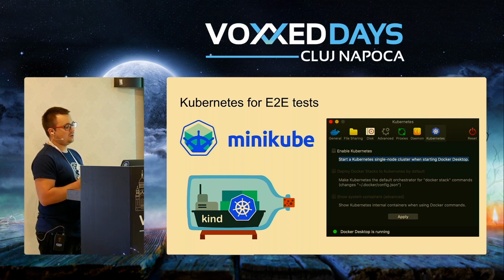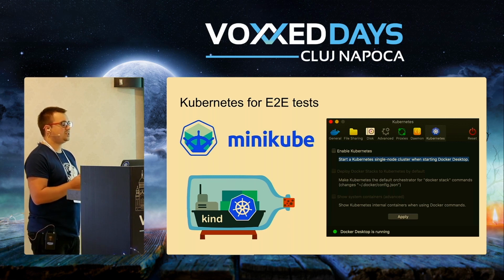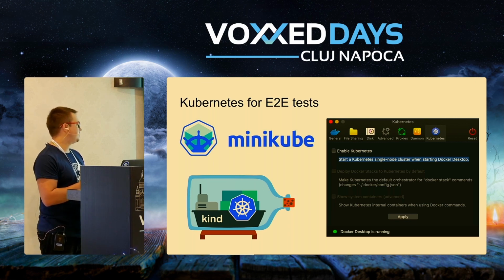If you also want to be able to debug it locally, you can do that with Minikube. Another approach is a very promising project called Kind. It runs the Kubernetes cluster inside a Docker container, and you can run this Docker container using the TestContainers library.